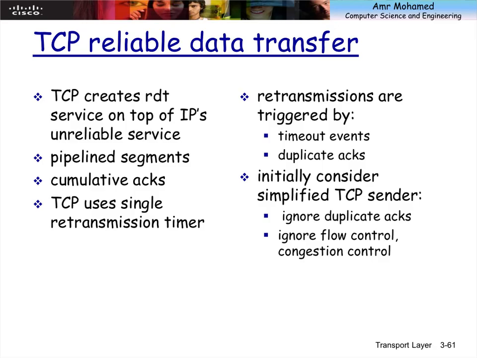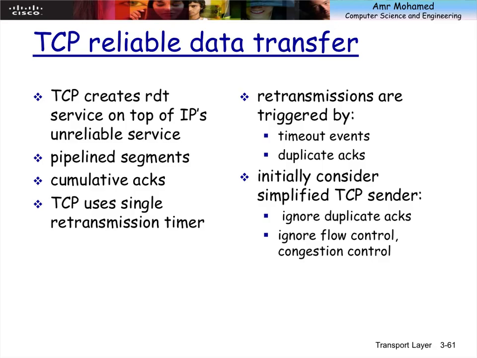So the question now is, does TCP actually use go back N? Does it actually use selective repeat? Okay, that's what we need to answer. And the quick answer is it uses neither. It uses an approach that is a mix of both. So that's what we need to explain. Why this mix of both?